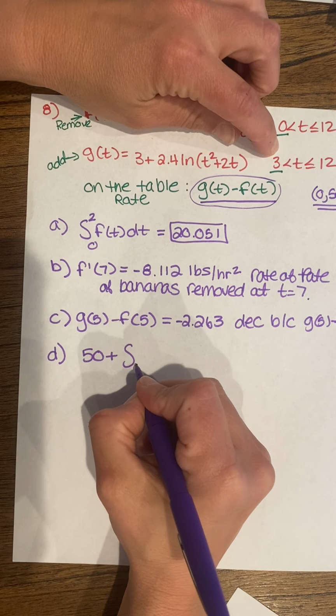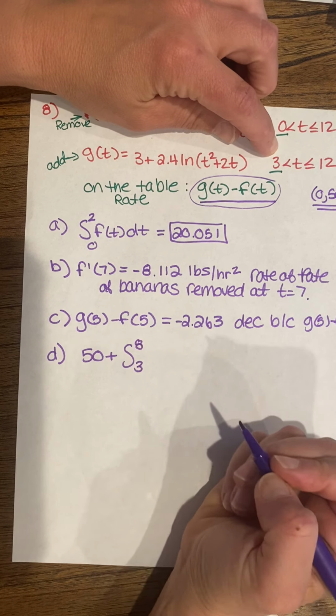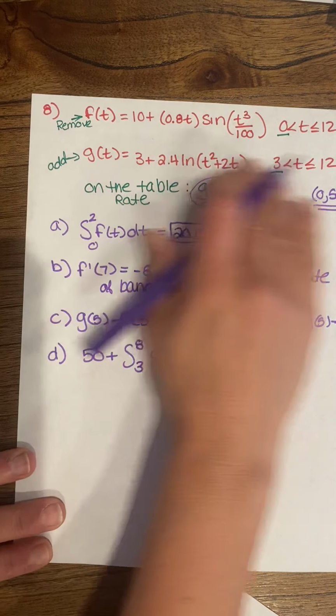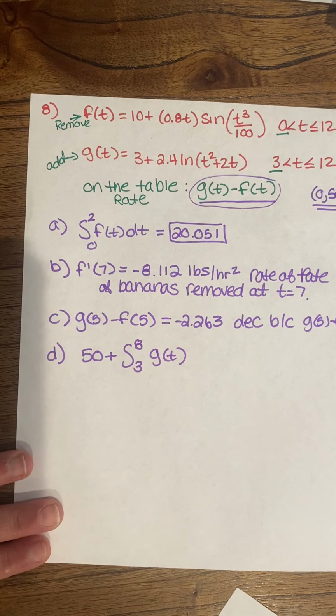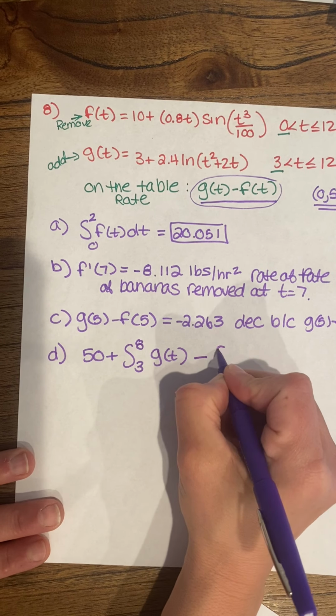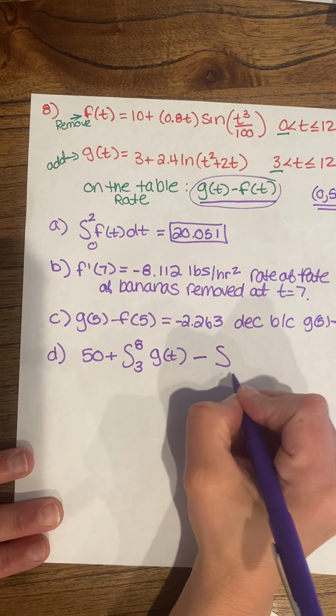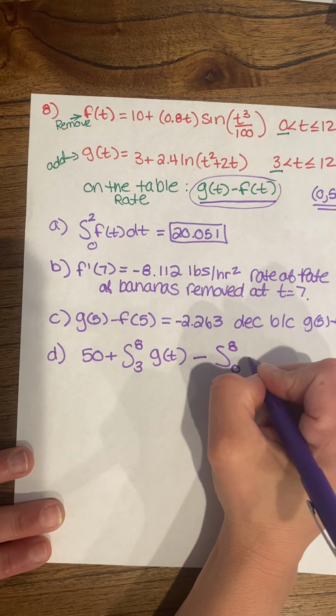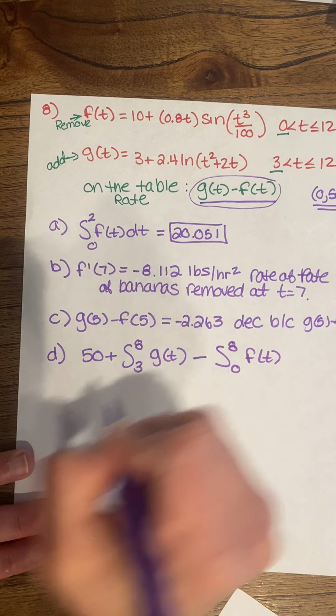I only start adding bananas from 3 to 8. So I'm going to integrate the G equation and add that amount to my original 50 on display, but that's only from 3 to 8. But then I have to subtract the removing, which, do you see, has a different starting point, from 0 to 8.